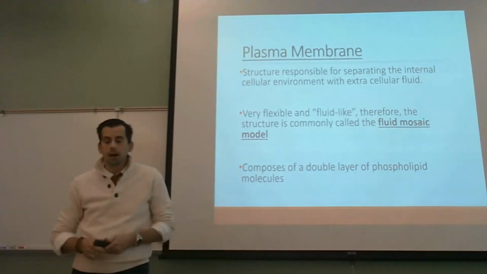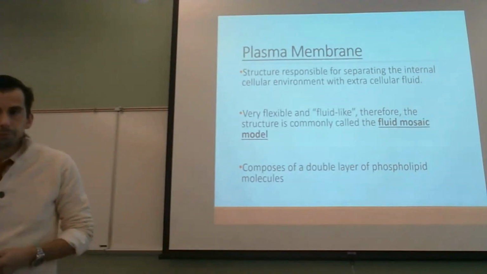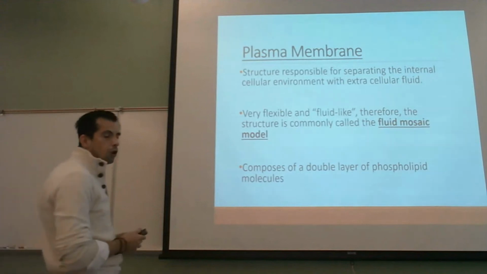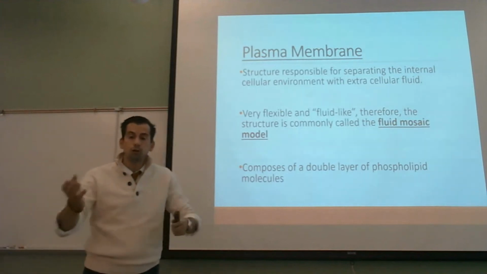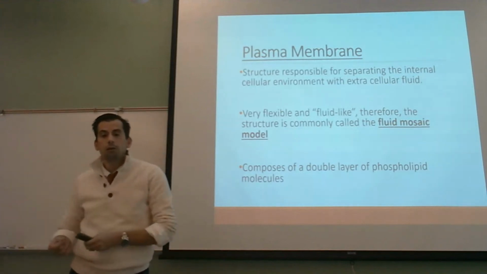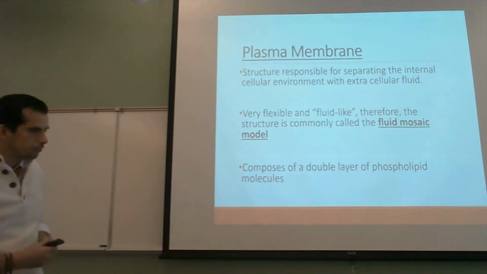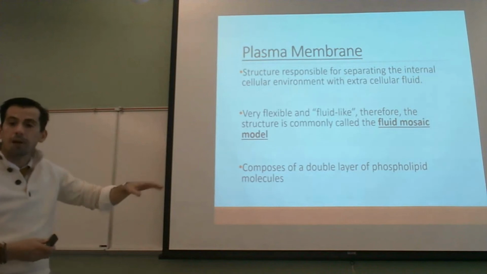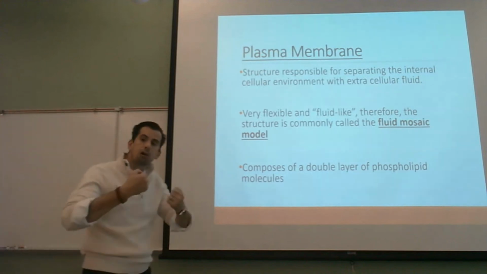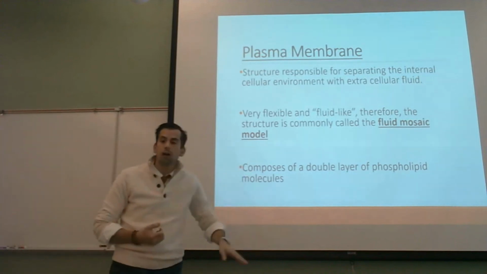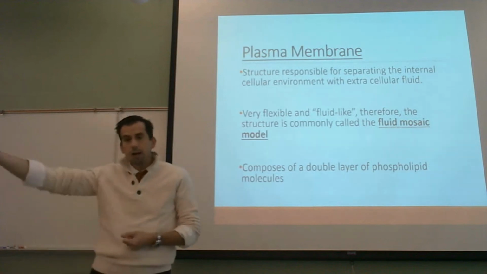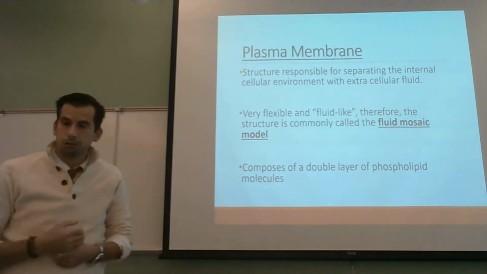There's going to be proteins embedded on there for recognition. Next semester, you'll talk about blood typing. Blood typing relies on the detection of a particular protein on the red blood cell. If we're going to take some cells and make a tissue, we've got to have a way of anchoring those cells together. So you may have proteins on that membrane that are meant to attach to other proteins on neighboring cells.